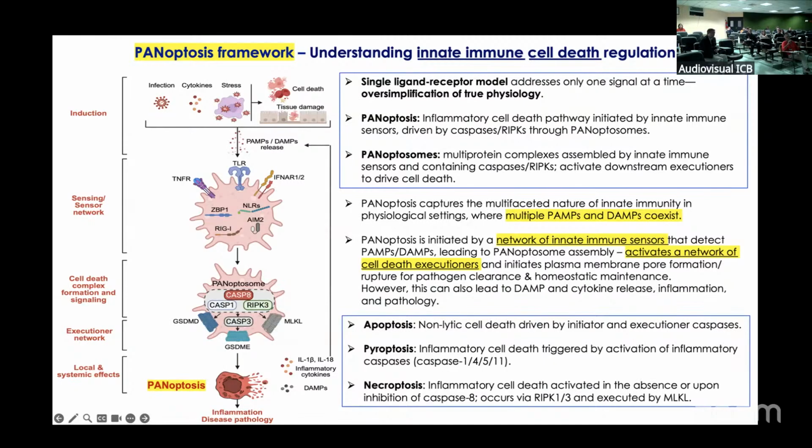Do you envision any situation where pyroptosis or necroptosis would physiologically happen in the relevant context? Because apparently all pathogens are very complex, and if they trigger panoptosis, how do you feel about this?